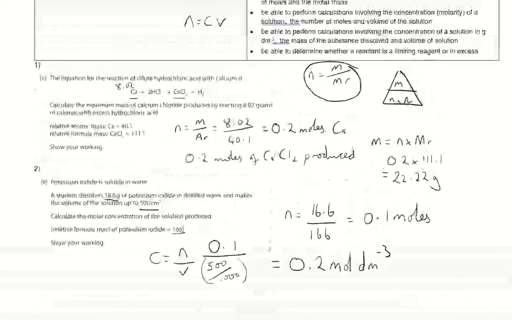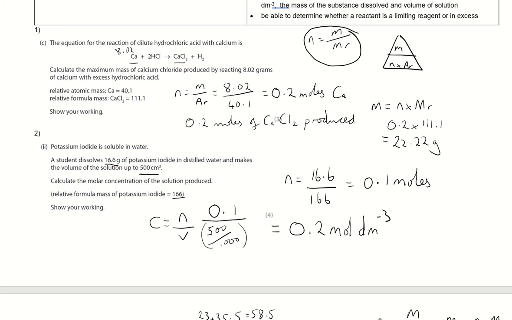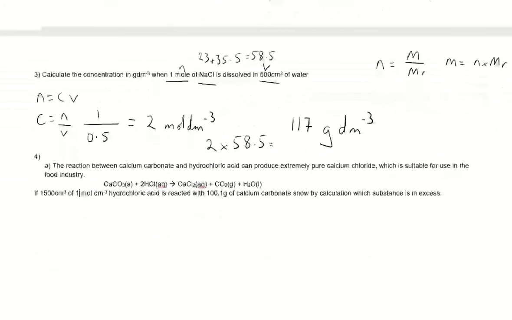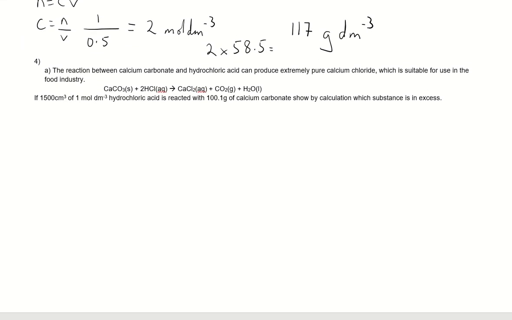And then the final bit, be able to determine whether a reactant is a limiting reagent or in excess. Right, so what we're trying to look at is, from our two chemicals here, which is going to run out first? So the easiest way to do this is we want to work out the number of moles of each. Right, so the hydrochloric acid is a solution.